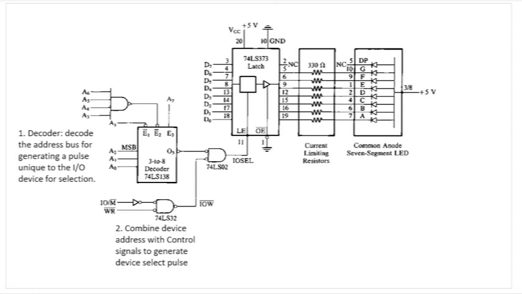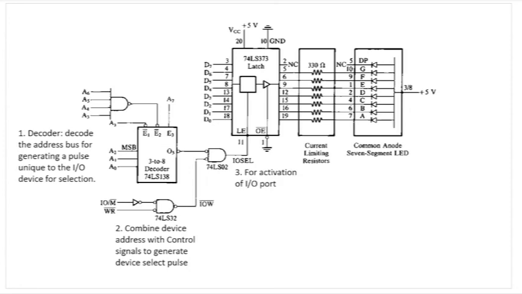From the control signals, we have to see whether we are actually writing onto the IO device. So IO/M bar will be high and write will be high, meaning they will be active, and the address will also be active. We combine the device address with the control signals to generate a device select pulse, the IO select.